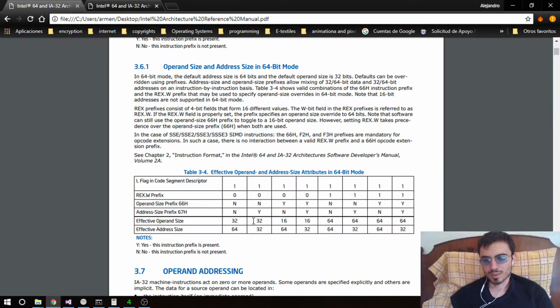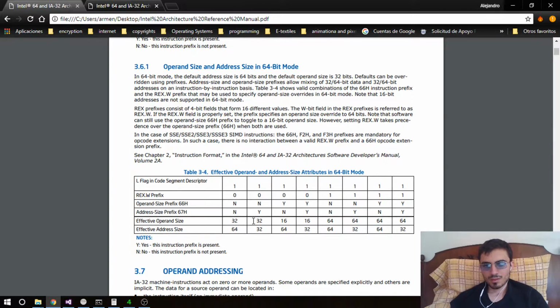So probably it's because the operand can be 16 when you don't have the REX.W prefix.